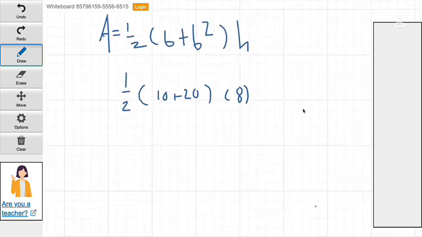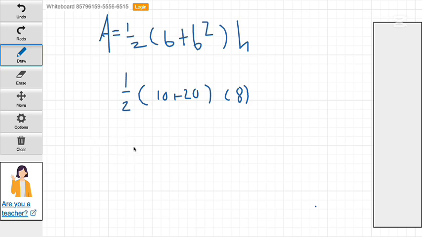So we know that with this, we just want to do half of 30 times 8. And we know that half of 8 is 4, so we just change that to a 4. And 30 times 4 is just equal to 120. It's simple like that.